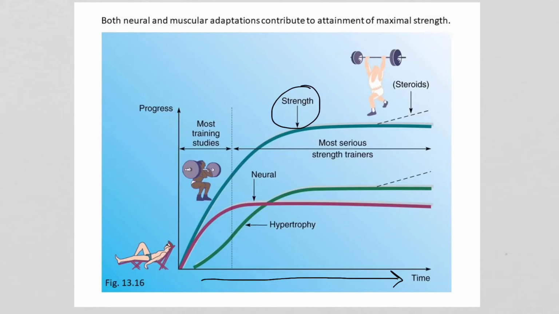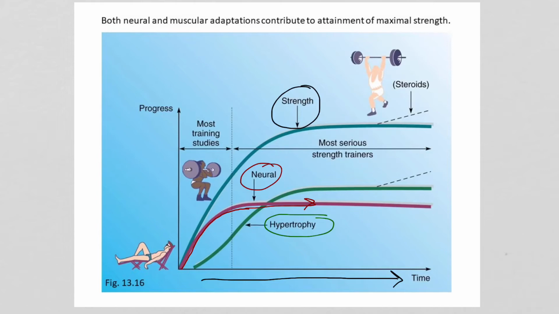We can see that from the beginning of any sort of resistance training, we will see a rapid increase in strength that eventually levels off. Then we have the two different mechanisms that are responsible for these gains in strength. The first one is neural, and this is shown in the red line. This increases rapidly at first and then obviously plateaus quite rapidly as well, whereas hypertrophy, that is the increase in muscle size, takes a while to start.